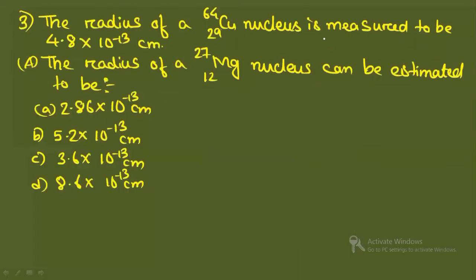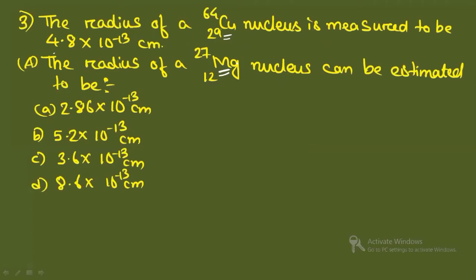Next, let's see question number 3. In this question, the radius of this nucleus is given to you as 4.8 into 10 to the power minus 13 centimeter. So the radius of the other nucleus can be estimated to be what? You are given the radius of one nucleus and you need to find the radius of the other nucleus.